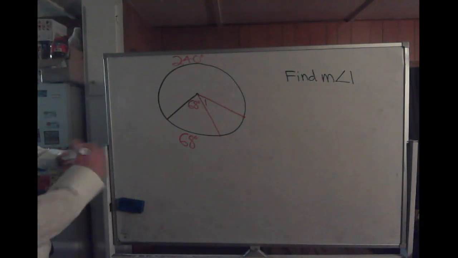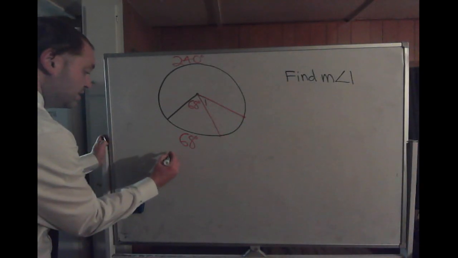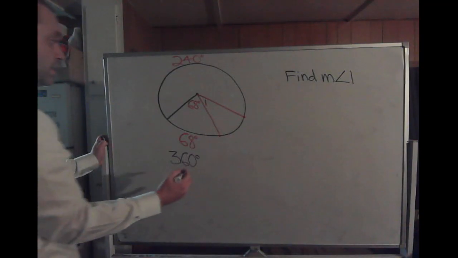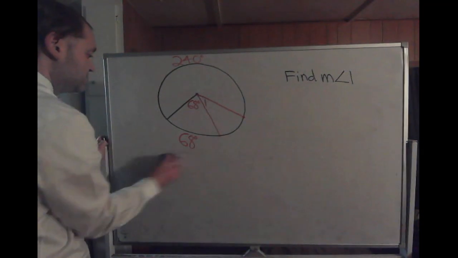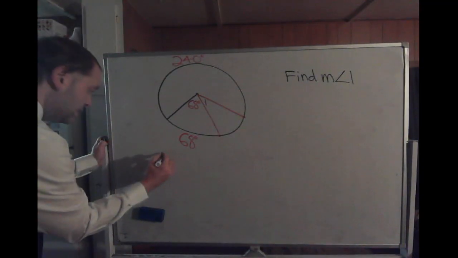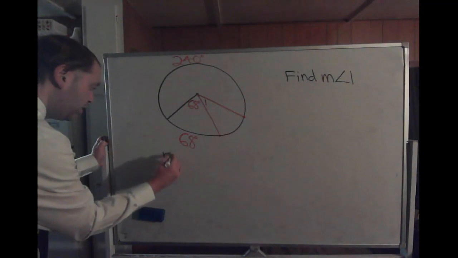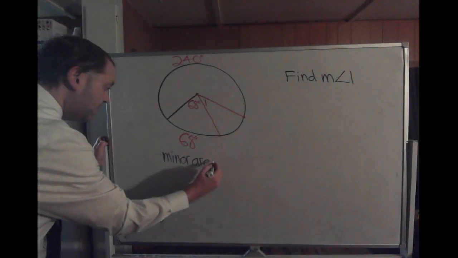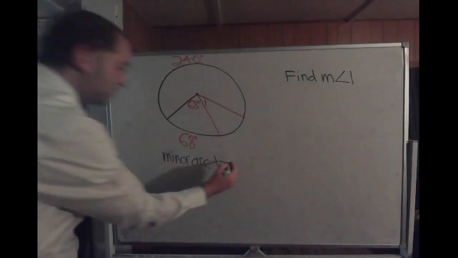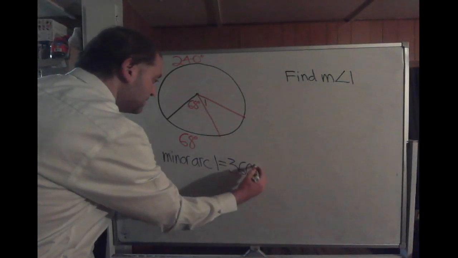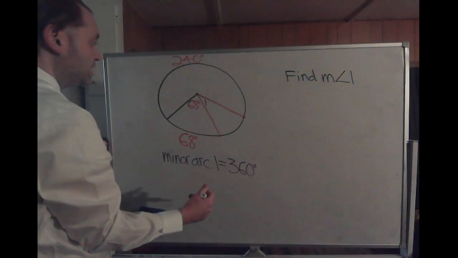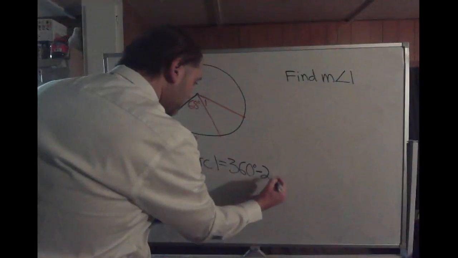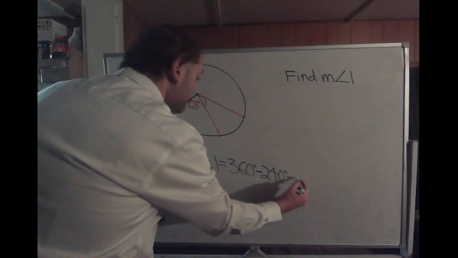So in order to do that, we'll take 360 degrees. Let's call this minor arc 1. Minor arc 1 equals 360 degrees minus 240 degrees minus 68 degrees.